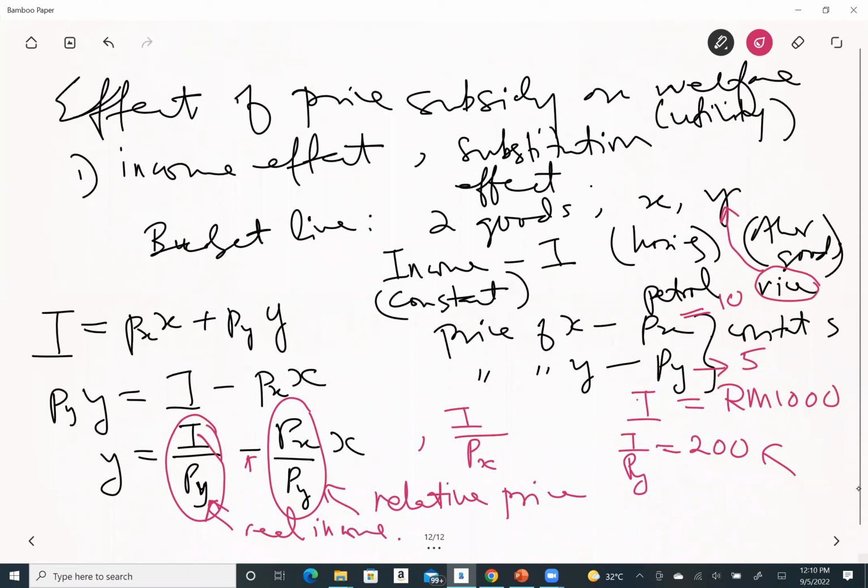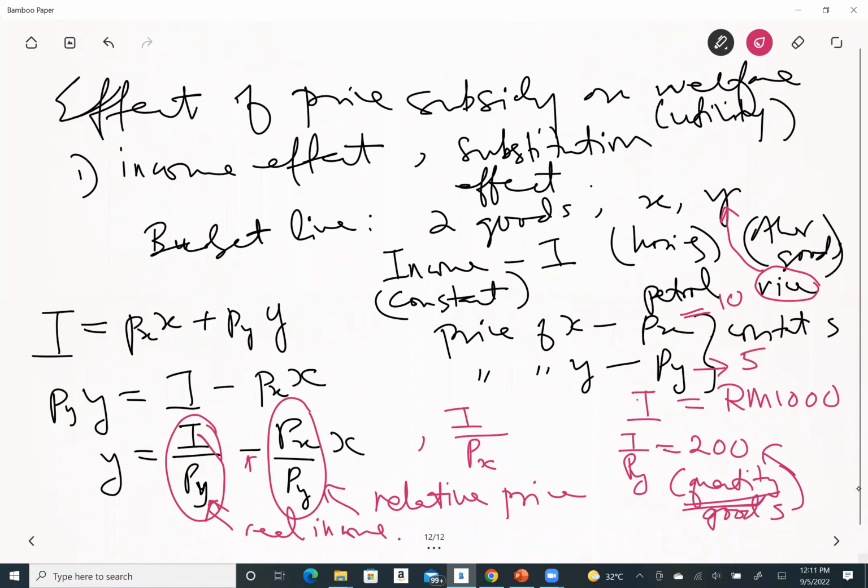That is quantity. Real income is not in terms of money. It is in terms of the quantity of the good, here in terms of Y. So if I spend all my income, 1,000 ringgit, on rice, I get 200 units, maybe kilograms. So real income is in terms of quantity of goods, not money.